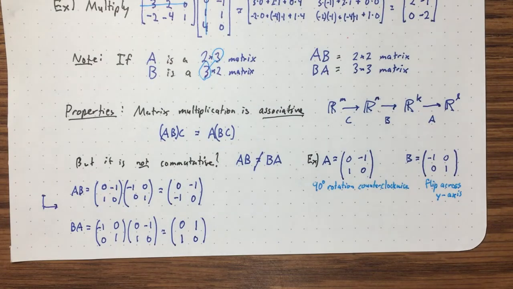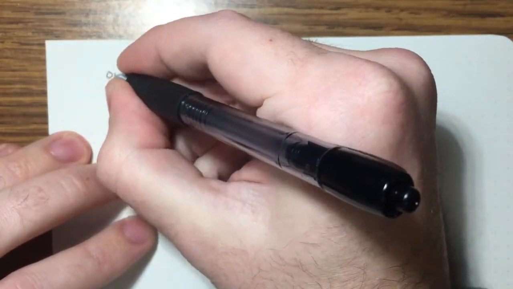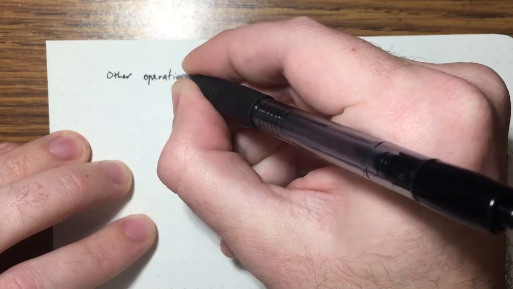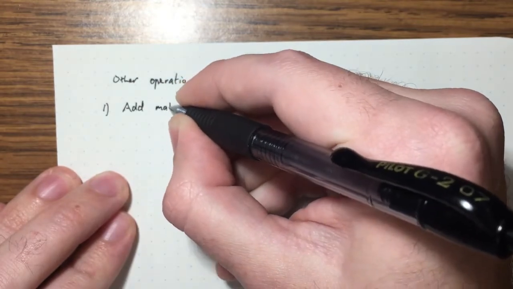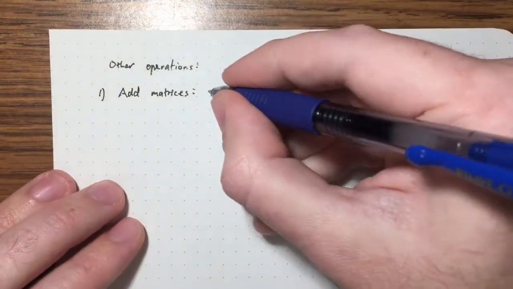Okay, so we'll put that aside. Okay, what next? Well, I should just mention some other operations you can do. These aren't as exciting. But you can add matrices. The way you add matrices is just like this.